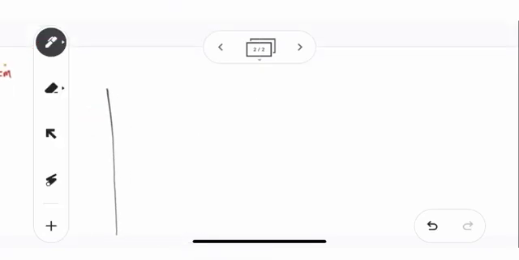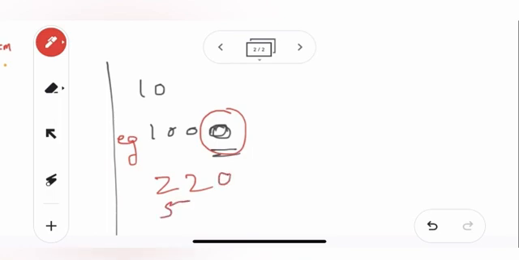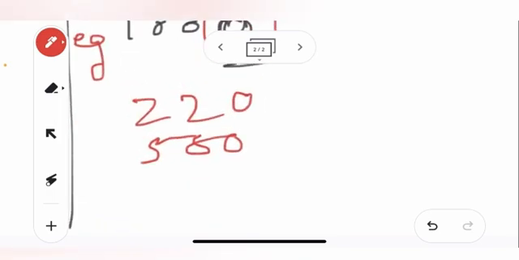If you see any number, if you take 100, the last digit should be 0, the number should end with a 0, then the number is divisible by 10. Suppose I take 220 or 550, the last digits are 0, that means the number is divisible by 10.